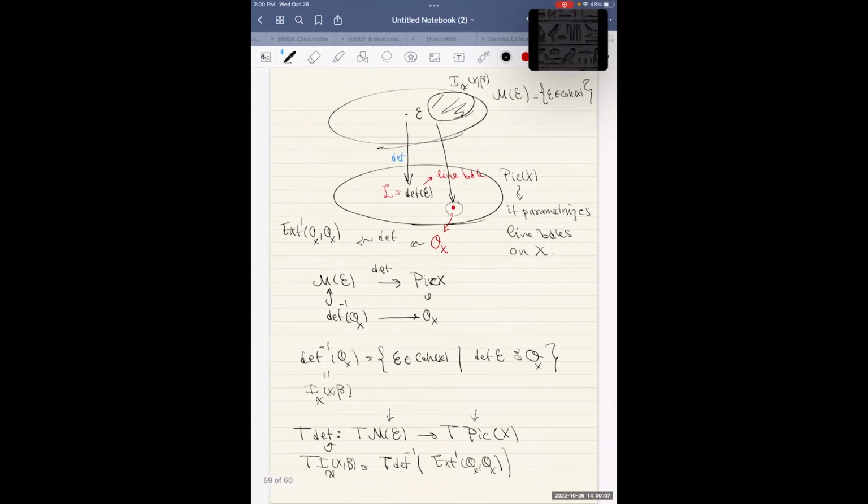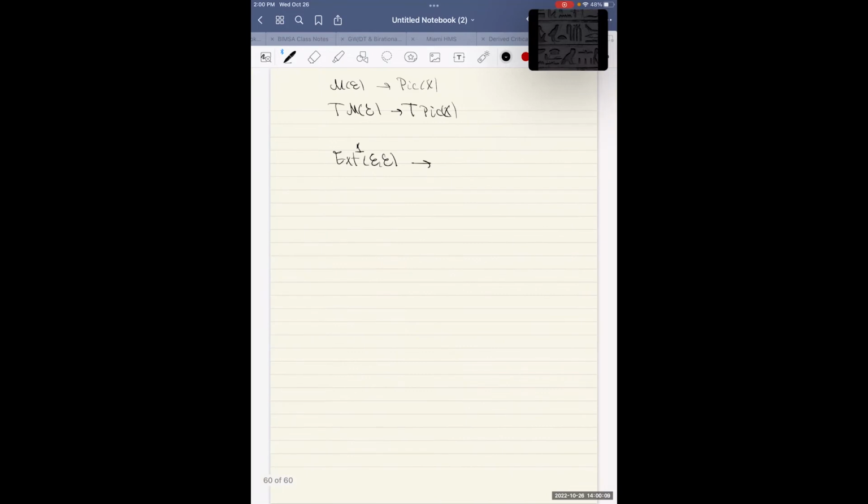So there is a map from M of E to the Picard variety of X. There is a map from the tangent scheme of M of E to the tangent scheme of the Picard variety of X. And if I pick a point E, there is a map from the tangent space at that point to the tangent space on the Picard variety of X, but the image of E inside the Picard variety of X is O. So that's Ext^1(O_X, O_X).